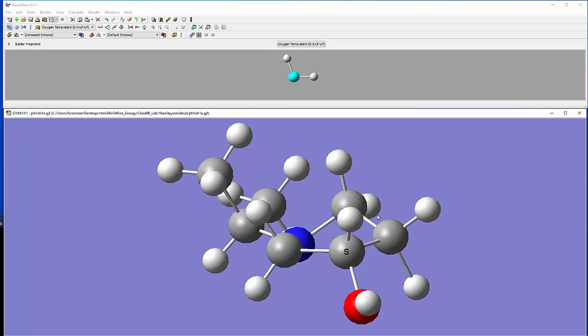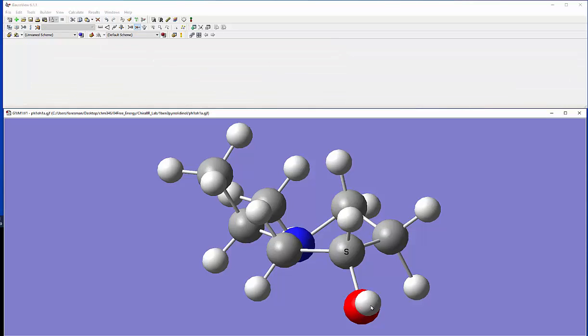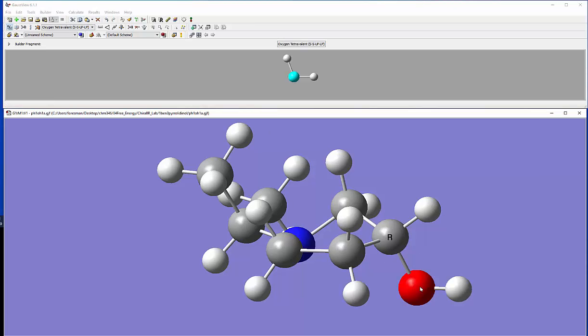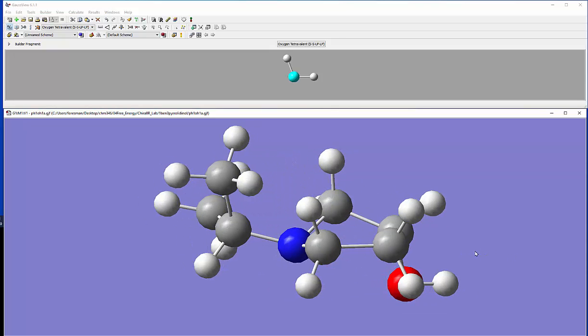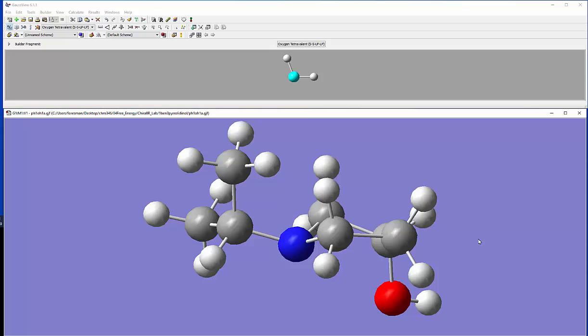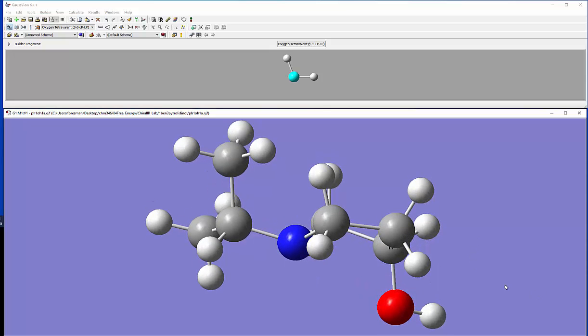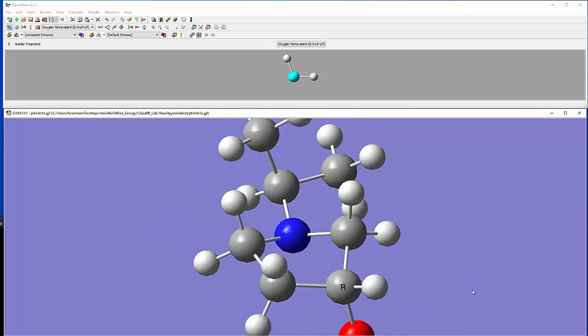I can simply delete it here, attach a hydrogen there, and add the hydroxy there. And now I again have the R isomer. I have not changed the stereochemistry, but I have changed the ring puckering. That's a little trick you can do for this 5-membered ring.